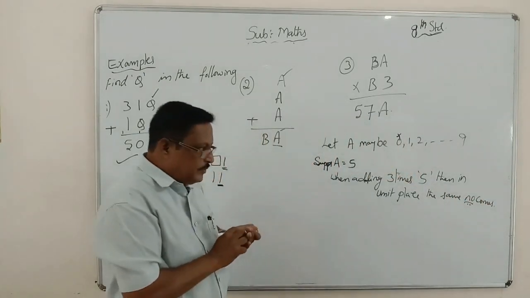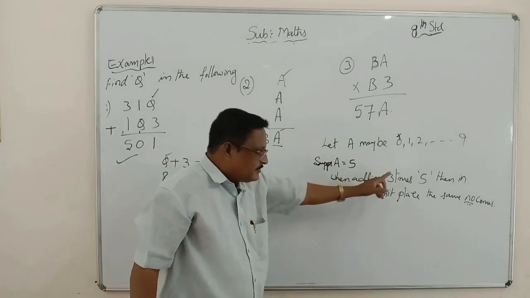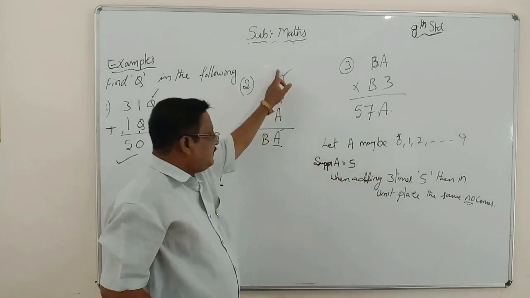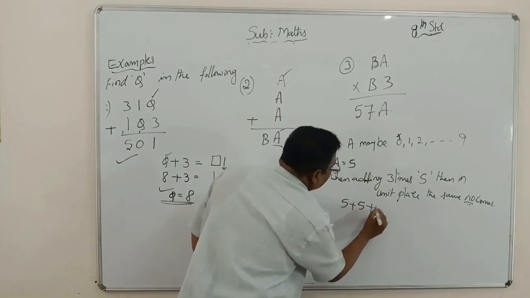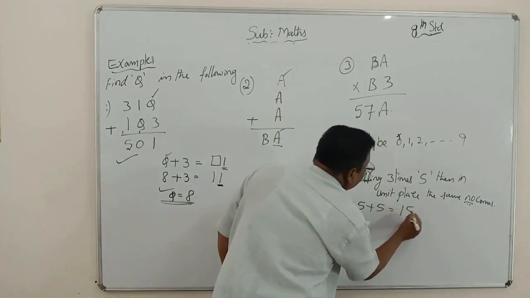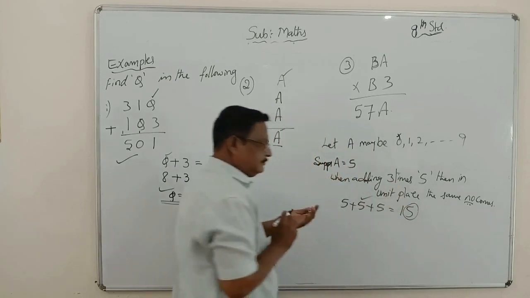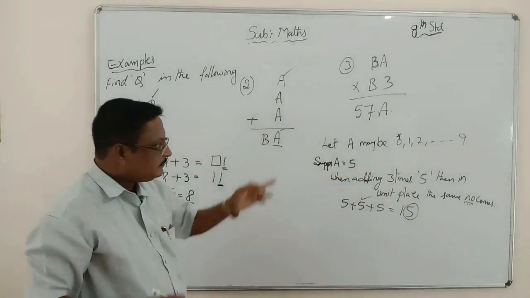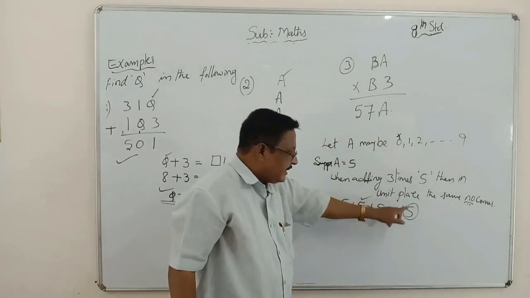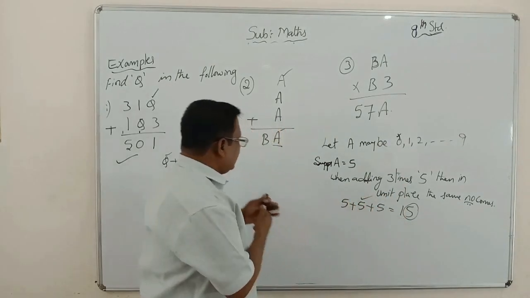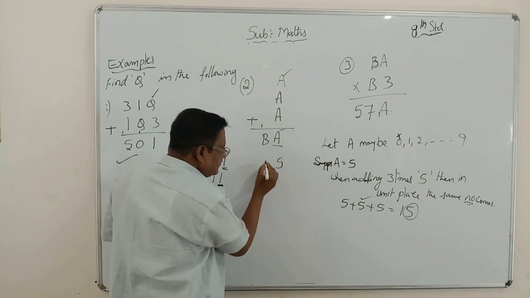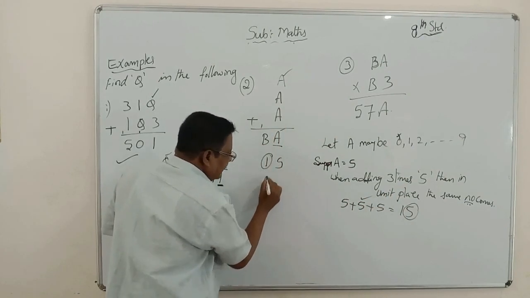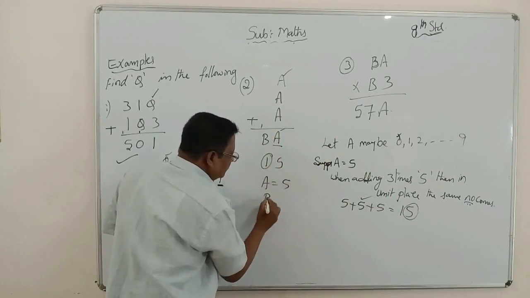See, 5 plus 5 plus 5 is equal to 15. In unit place same number. Suppose you take 5, 15 means here A is 5, 1 carry means this is B, B is equal to 1.